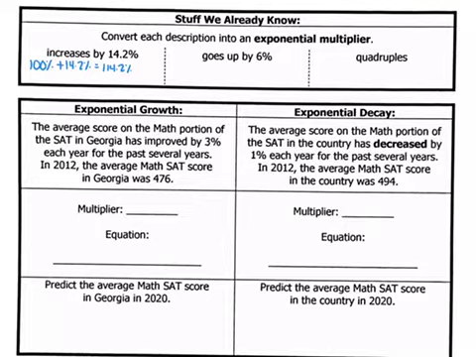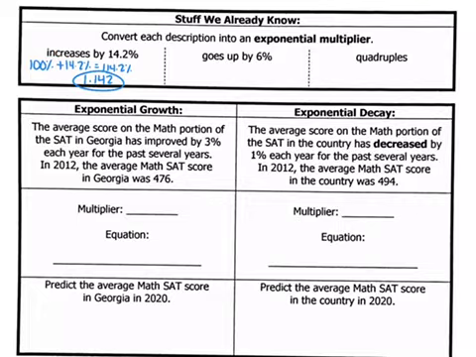And the multipliers should always be converted to a decimal. So as a decimal, we're looking at 1.142. For most of these things, I would say don't round unless it's asking for an approximation or it tells you to round. So I'm going to leave it at 1.142.